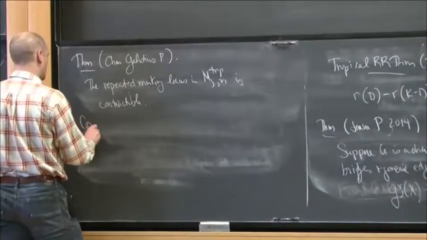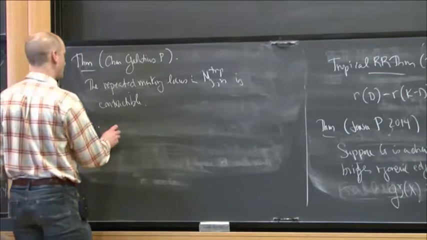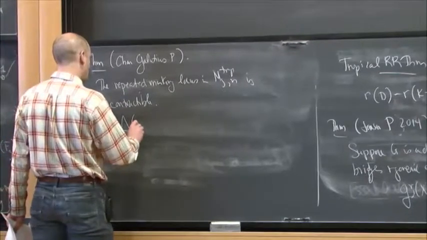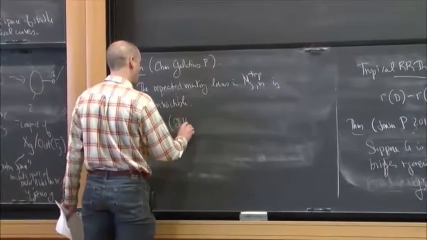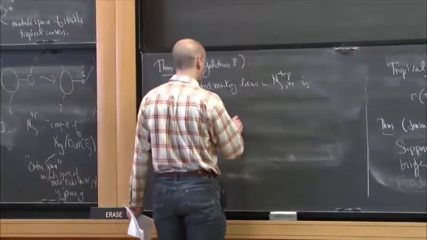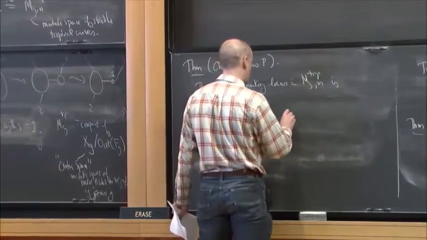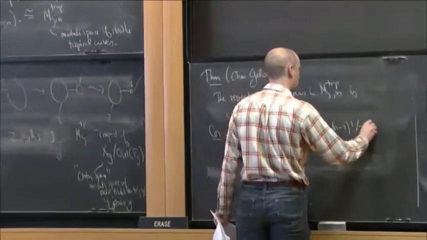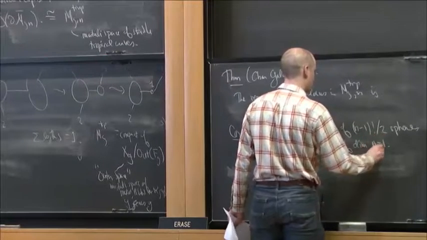And so we get full information when g is 1. So a corollary is that the boundary complex of the Deligne-Mumford compactification of M_{1,n} is homotopy equivalent to a wedge of (n-1)!/2 spheres of dimension n-1.